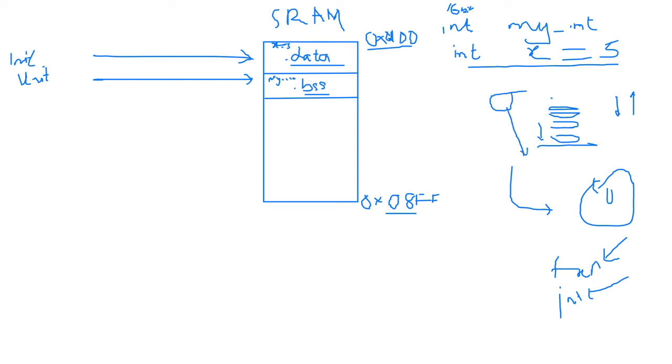So at the bottom we have the stack. Variables that are local to function calls and interrupts and other things will go into the stack.